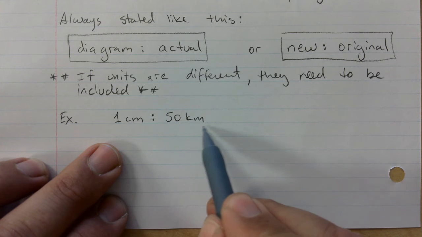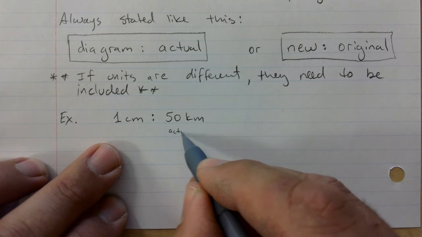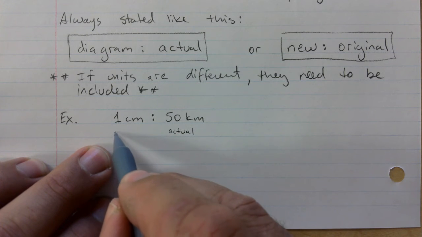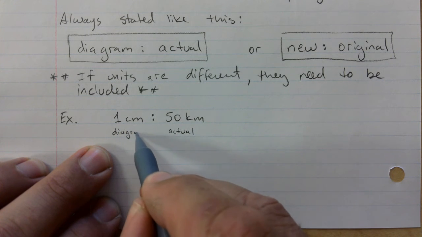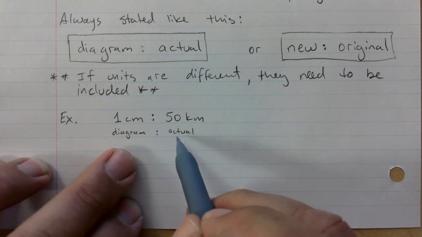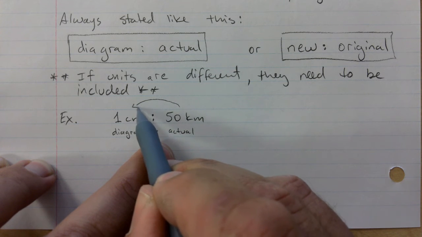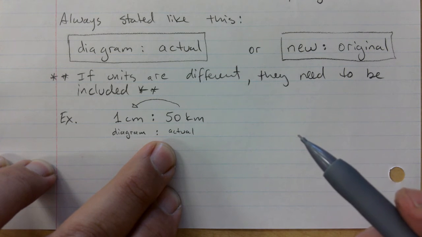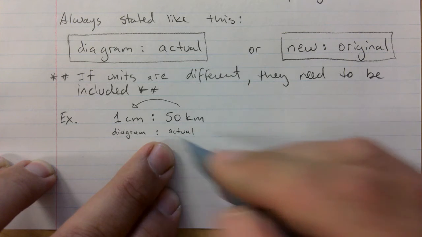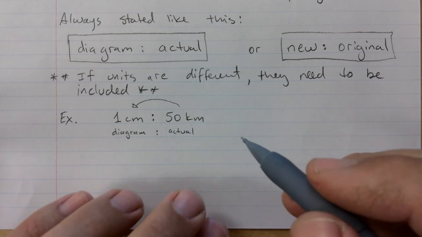So on the right side, this is the actual, and this is the diagram. Always keep that in mind, right? So we always start with the actual and we look to the left to see what happened, okay? So in this particular scenario, 50 kilometers, and you're going down to 1 centimeter, so this would be a reduction, okay?